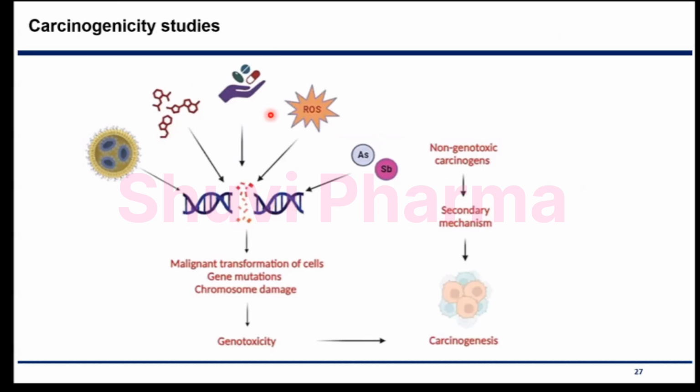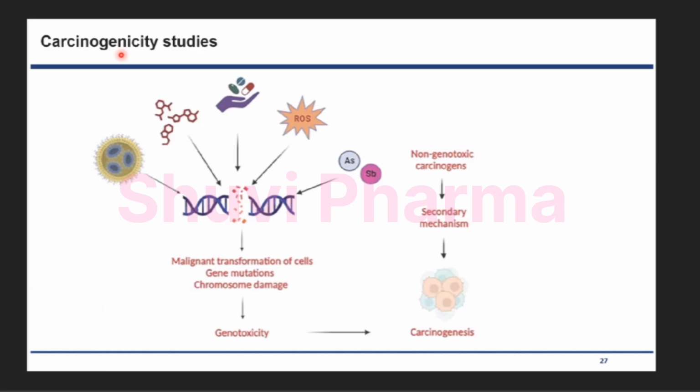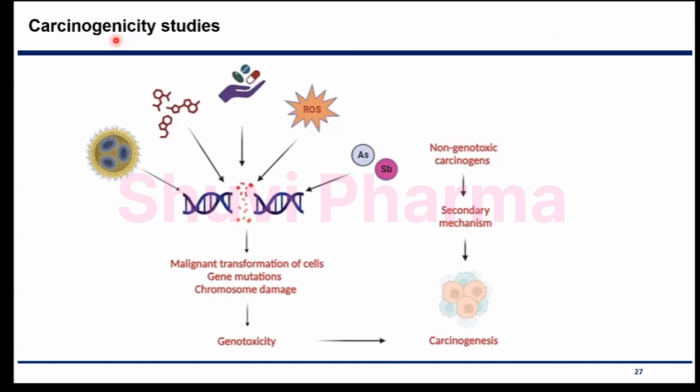Carcinogenicity study. This is the study to evaluate whether your drug can cause cancer, right? There are 2 different ways a drug can cause cancer: genotoxic mechanism and non-genotoxic mechanism. In the genotoxic mechanism, your drug goes and interacts with the DNA. It breaks the DNA or causes some mutation or manipulation of the DNA, and that leads to a malignant cell because of those mutations, and that can eventually lead to cancer formation.